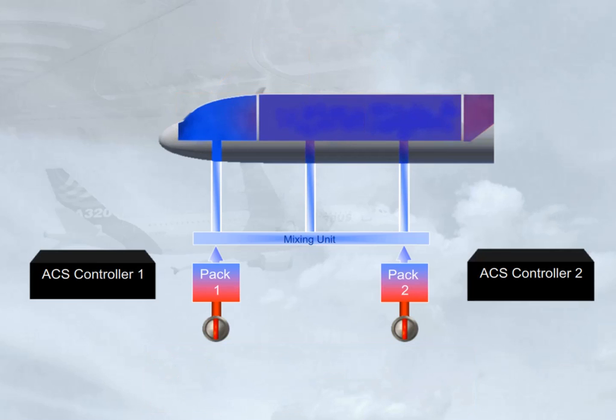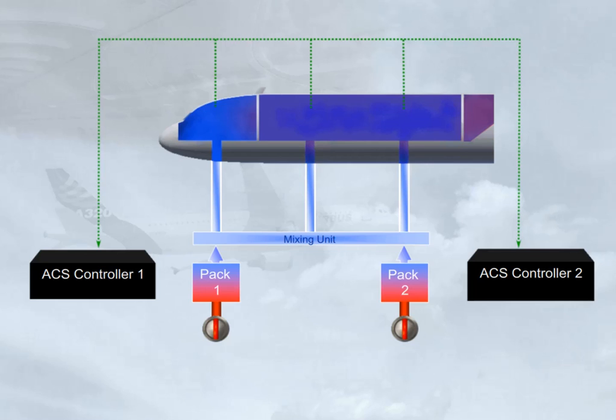The 2 ACS controllers monitor the temperatures of the 3 zones and send signals to set the air temperature delivered by the related pack. Each ACS controller comprises 2 lanes, one active and the other in standby. In case of one lane failure, the second lane takes over. In case of both lanes failure, the related pack is lost.